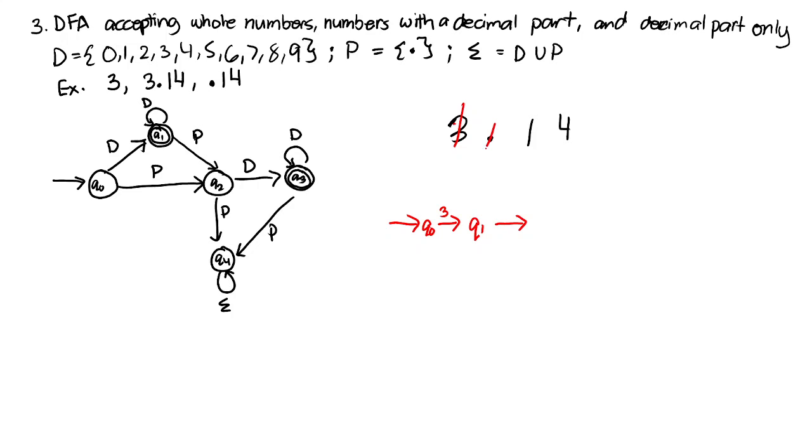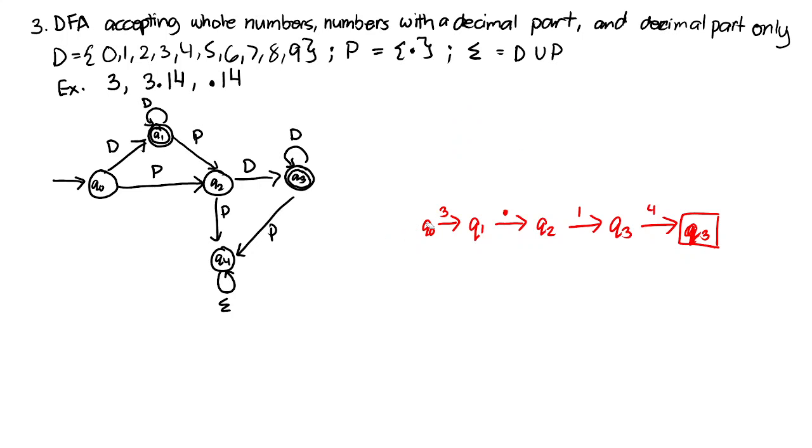The next symbol is a dot or period. So we transition to Q2. Next symbol na to is 1. 1 is a digit, so we go to Q3. Next symbol na to is 4. Okay. 4 is a digit, so we just go back to Q3. Then Q3 is a final state, therefore our string 3.14 is accepted.